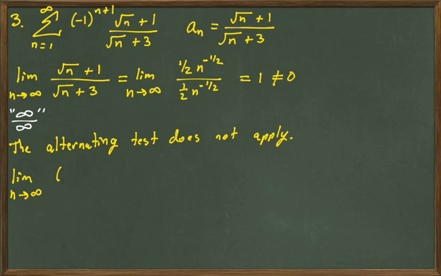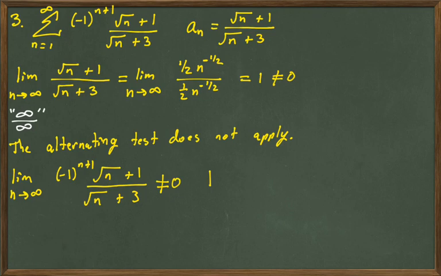All right, and when that happens, usually you're going to look at using the nth term test for divergence. So if we look at the limit as n goes to infinity of negative 1 to the n plus 1 times the square root of n plus 1 over the square root of n plus 3, that limit is not going to be equal to 0. It's actually going to oscillate between plus 1 and minus 1 because of that alternator.